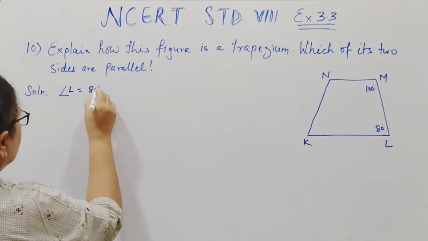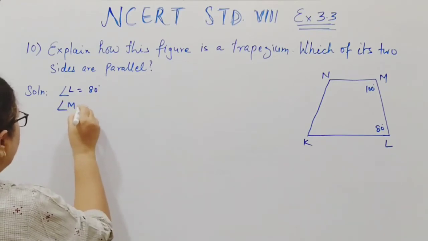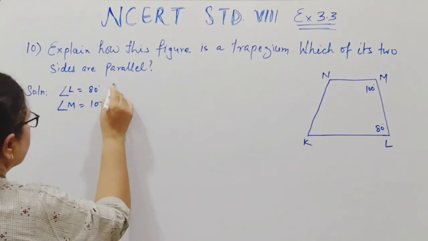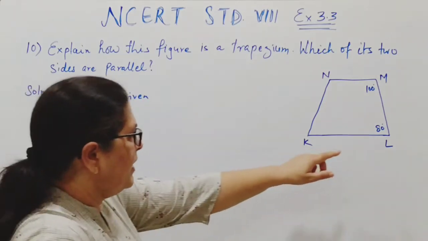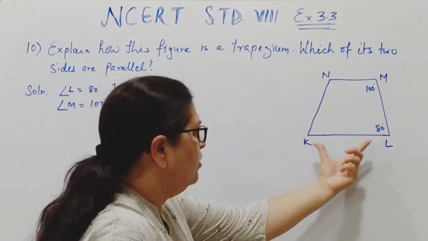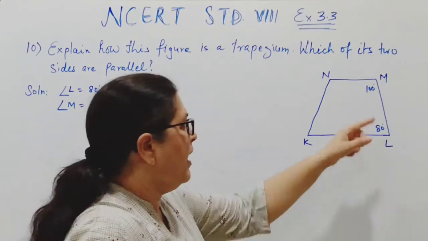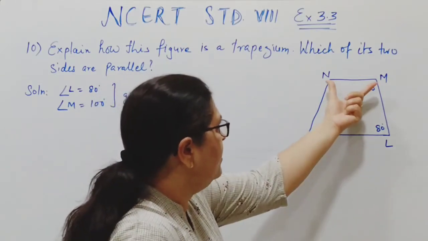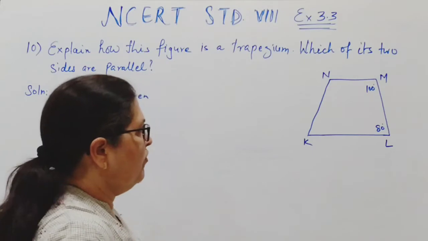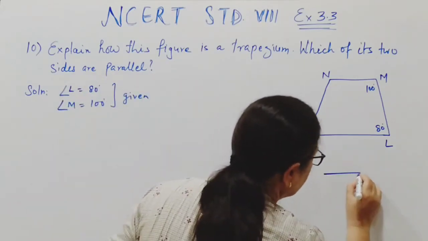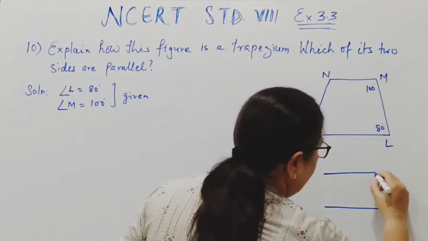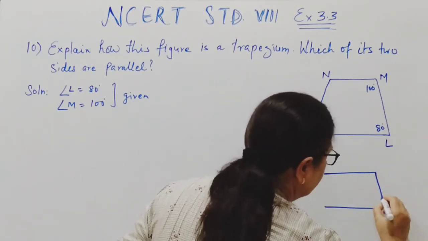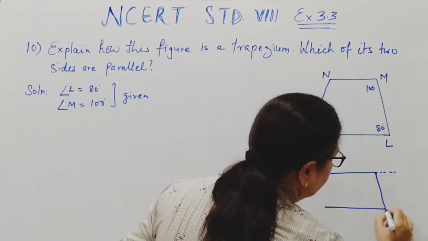So angle L is equal to 80 degree, angle M is equal to 100 degree. This is given to us. Now it is clear that angle L is on this side KL and angle M is on the side MN. So if we take these two sides and then ML is a transversal, let us extend them.